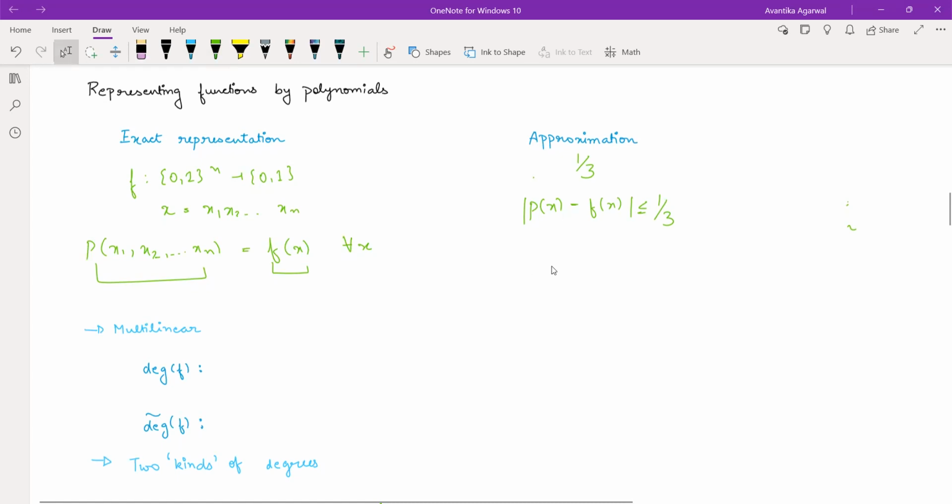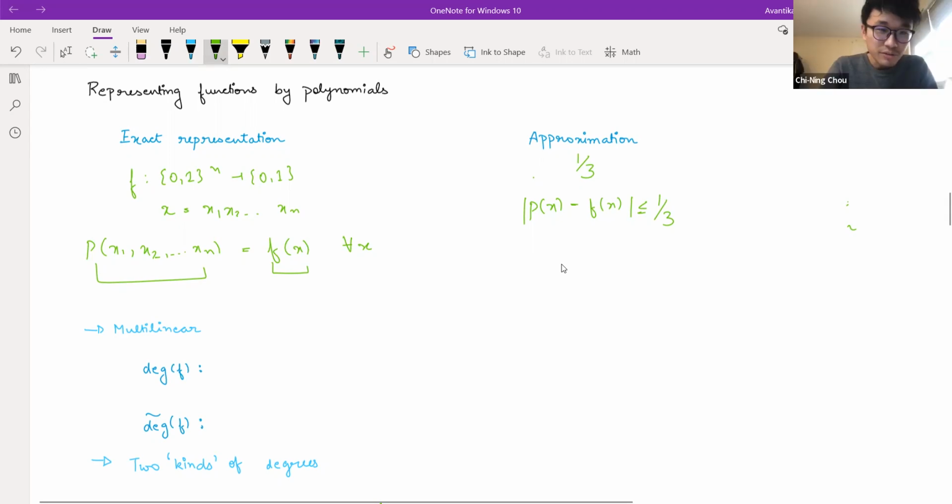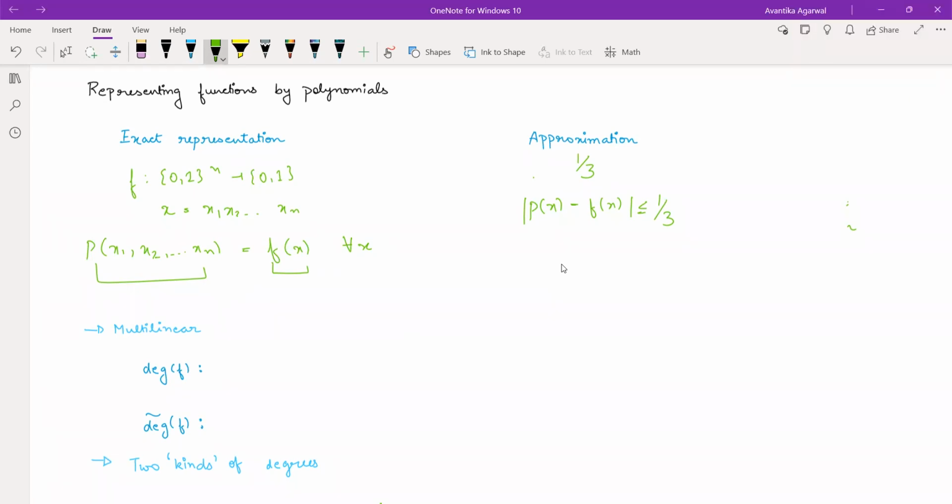Should I move forward, or does anyone have any questions? Just to clarify, the polynomial works over reals and the guarantee is for the x. Yes, this is a real polynomial. We'll see it later also. But yes, this is a polynomial over reals.